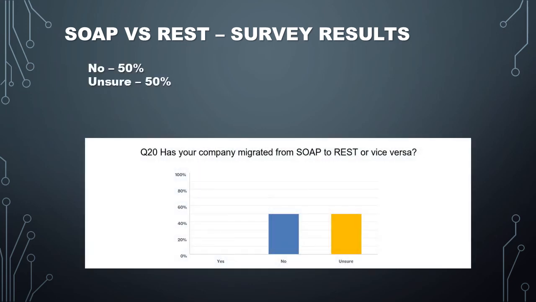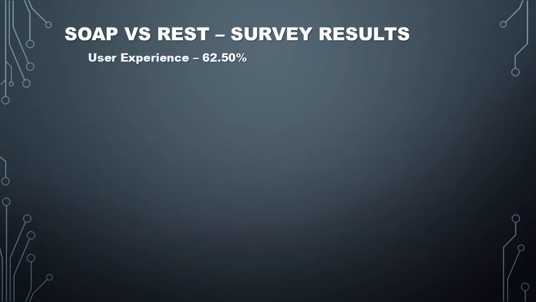Next question, has your company migrated from SOAP to REST or vice versa? And everybody either chose no or unsure. It was 50-50, but there were no yeses. So I thought that was interesting. Next question.